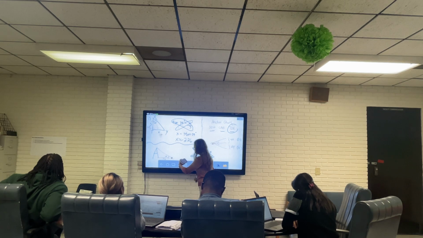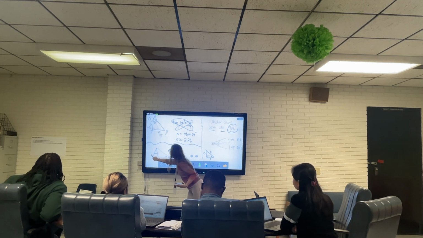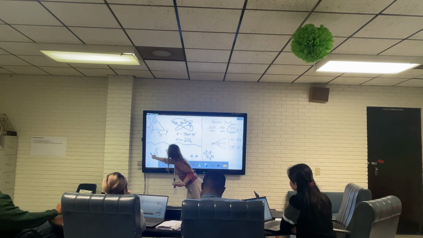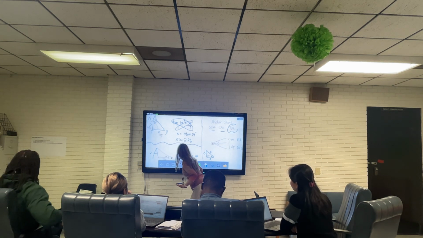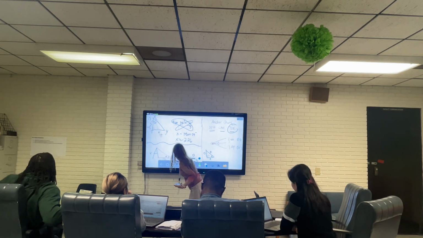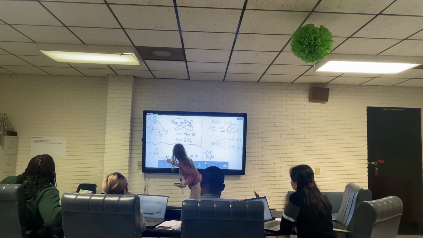And then the question is to find the approximate height of the tower. Since the height is missing, what letter shall we use here? x. We have the opposite and the adjacent, so that'd be tangent again.